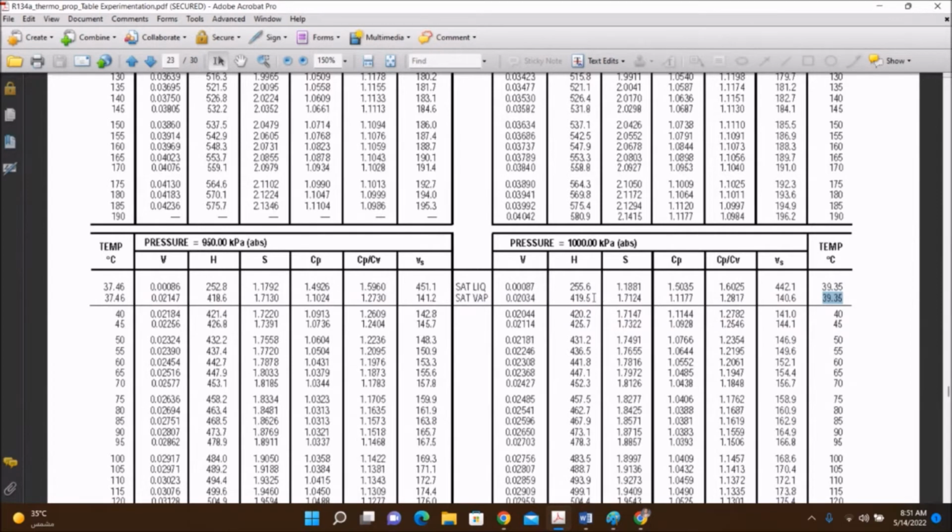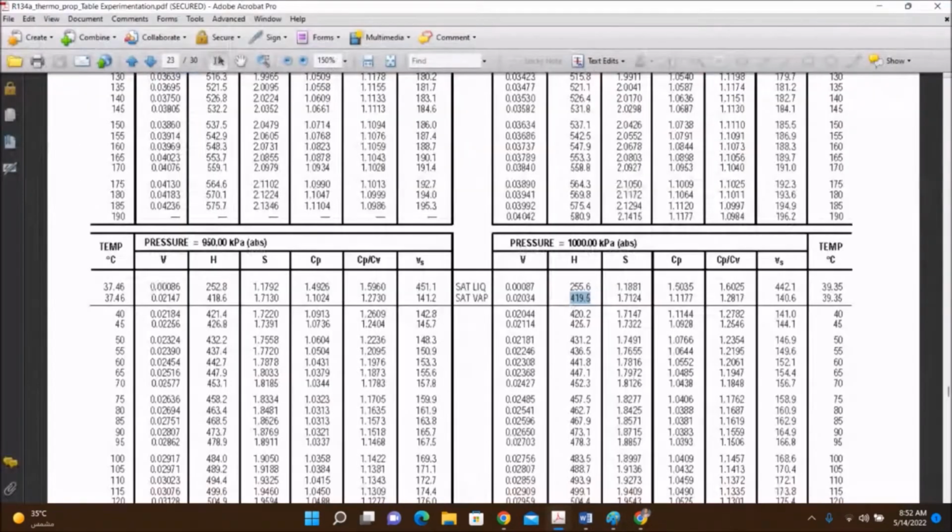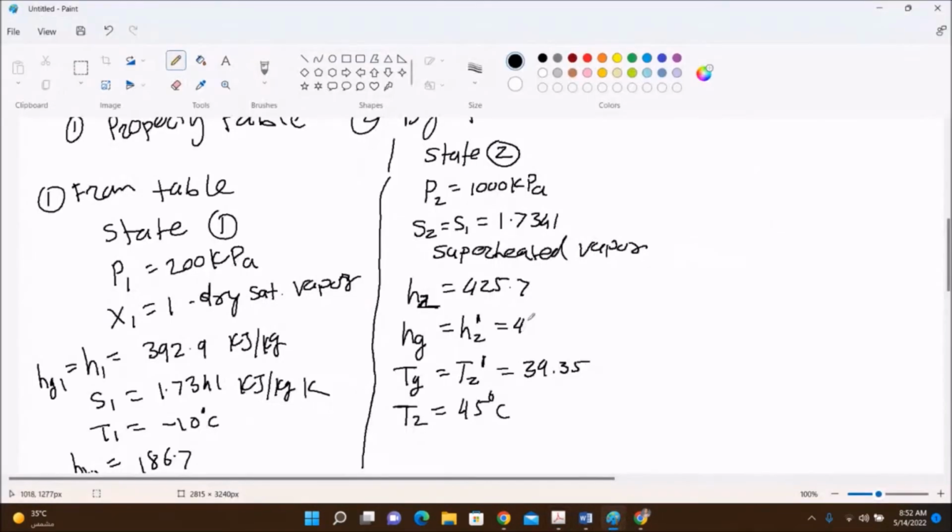Only enthalpy: because it is a vapor, I need Hg, which is 419.5. So Tg or Tg2 dash is 39.55, and Hg, H2 dash, is equal to 419.5 kilojoules per kg Kelvin.